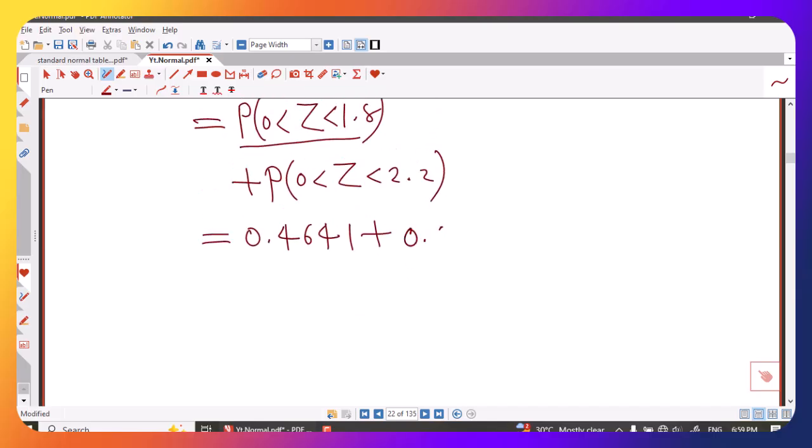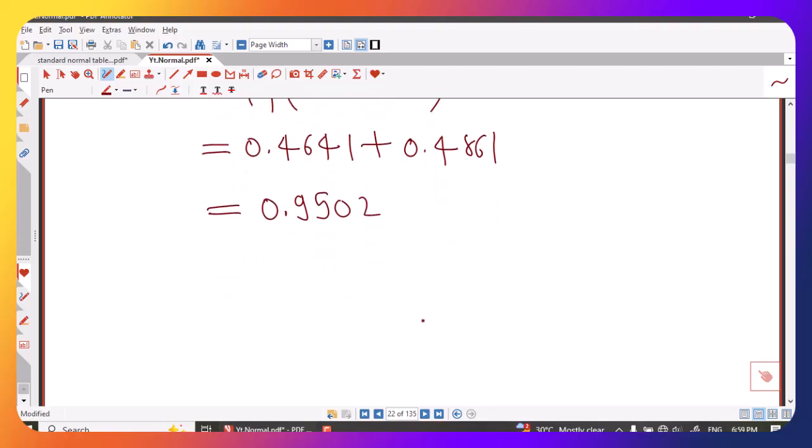Let me add these two. So this is going to be 0.9502. So this is the probability that the weight of an animal is between 172 and 312 grams.